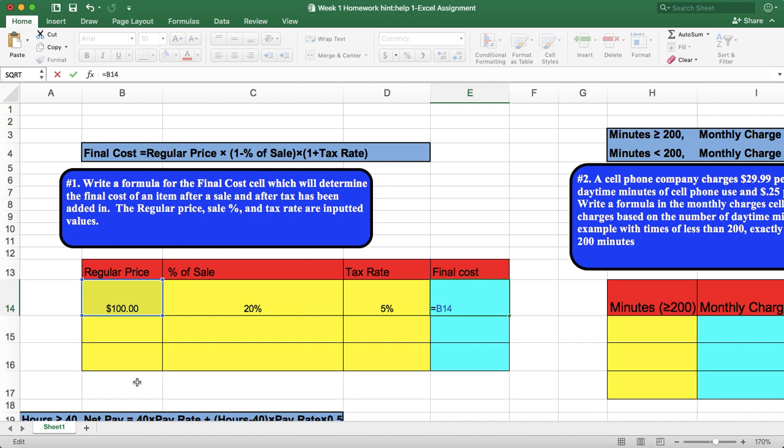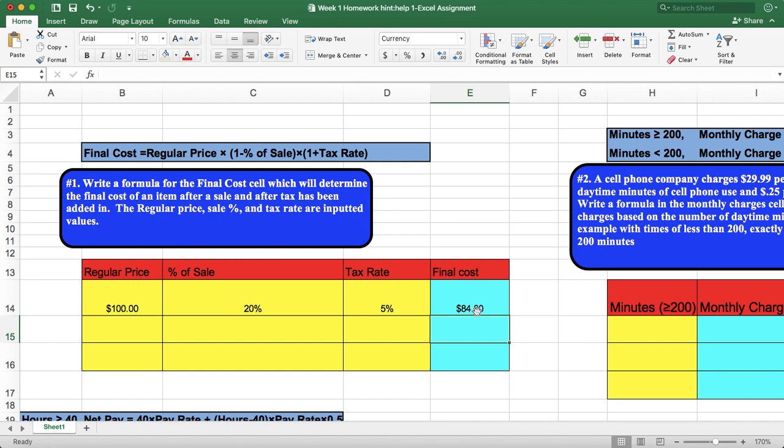And then cell B14 and times, open parenthesis, 1 minus the discount rate, this cell, and then times 1 plus tax rate, and then return. Oh, we got $84.